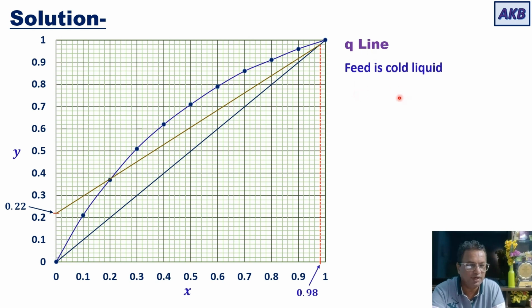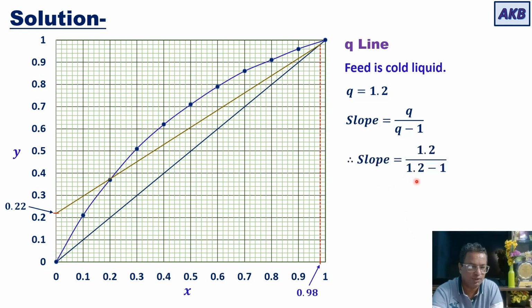So feed is cold liquid, and we have got the value of Q. It is 1.2, and slope of the Q line is Q upon Q minus 1. That is 1.2 divided by 1.2 minus 1, which gives us slope as 6.